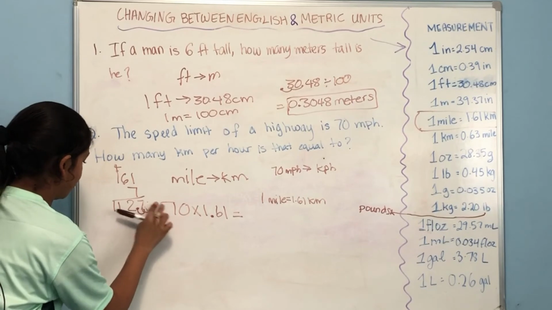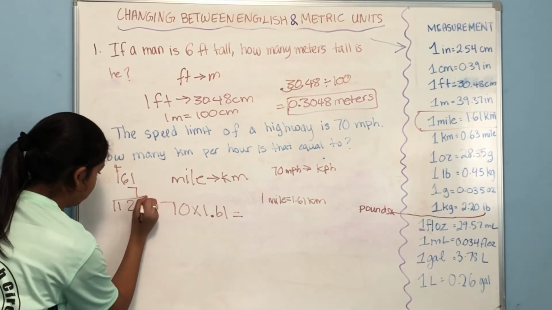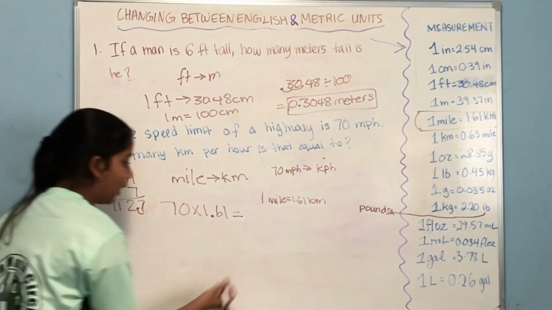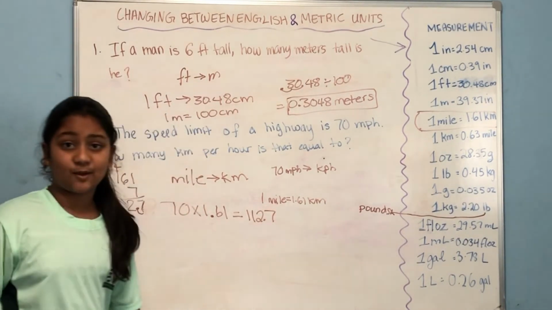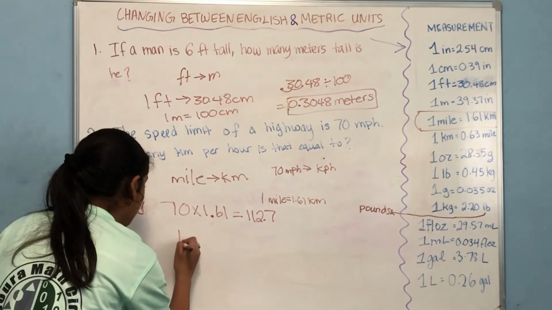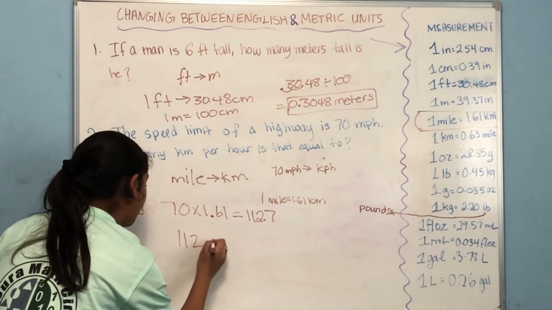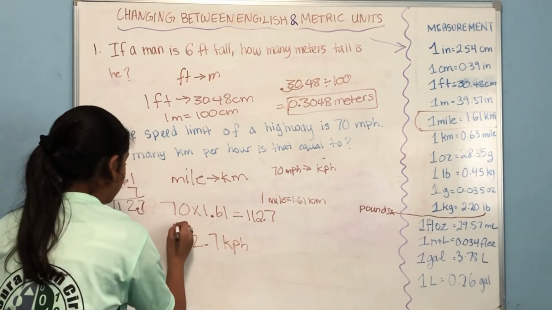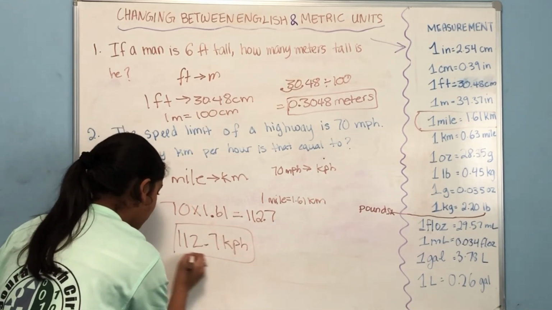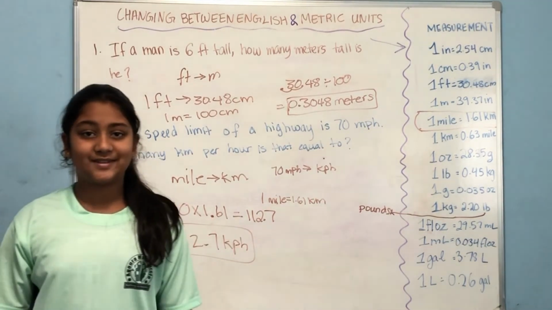So we don't need the 0 anymore here. I mean, it's optional. But now we have 112.7. So our answer is 112.7 kilometers per hour. So that's the answer to this equation.